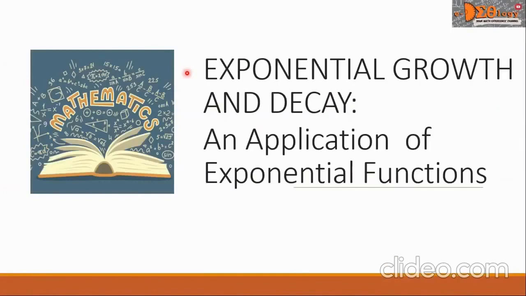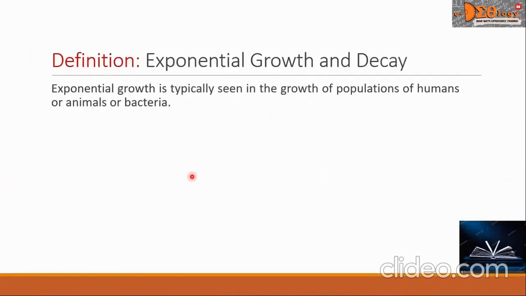Hi everyone. Today we're going to study exponential growth and decay. This is an application of exponential functions. Exponential growth is typically seen in the growth of populations of humans or animals or bacteria.